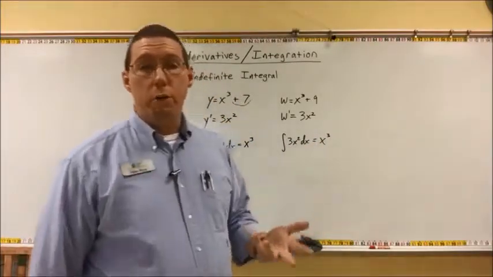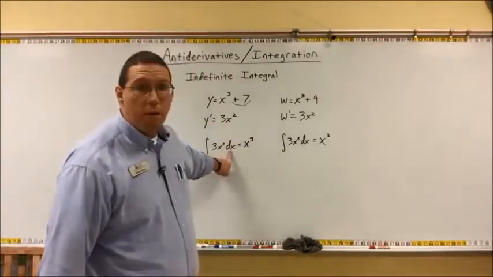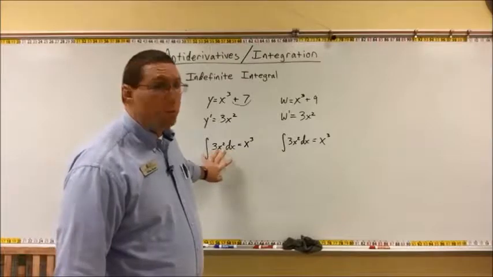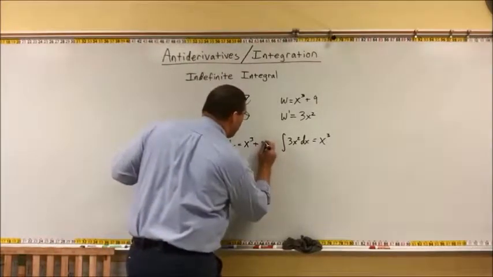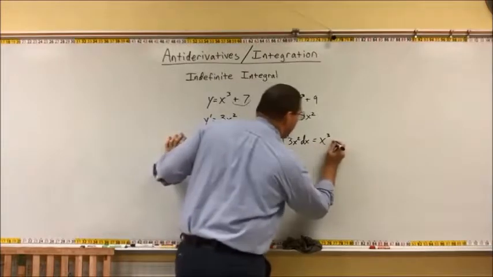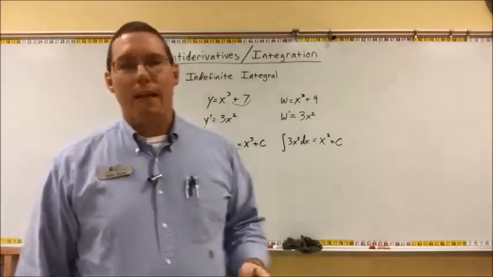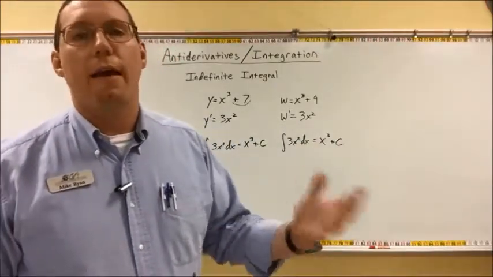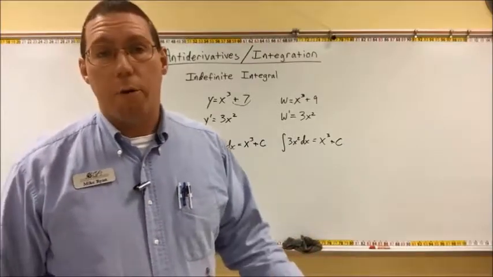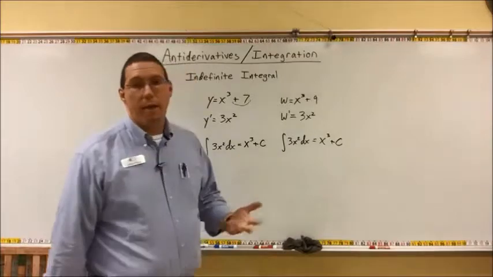So what we do, and this is very, very important, just like closing off the integral, when you do an indefinite integral, we put the term plus c on the integral to indicate that there was, is, could be a constant there, and we don't know what that constant is. So c, the letter c, is representing a constant.